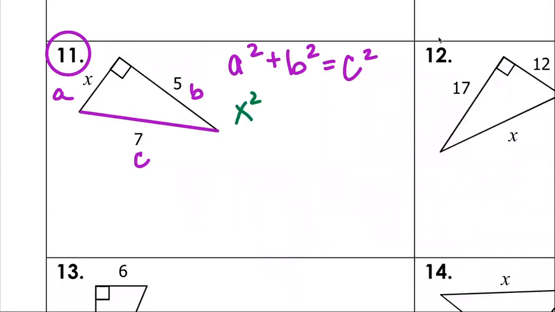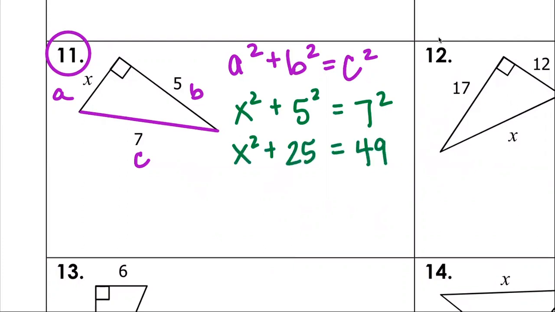So we have x squared plus 5 squared equals 7 squared. 5 squared is 25. 7 squared is 49. Okay. We need to get x squared by itself, so we're going to subtract 25. 49 minus 25 gives us 24.